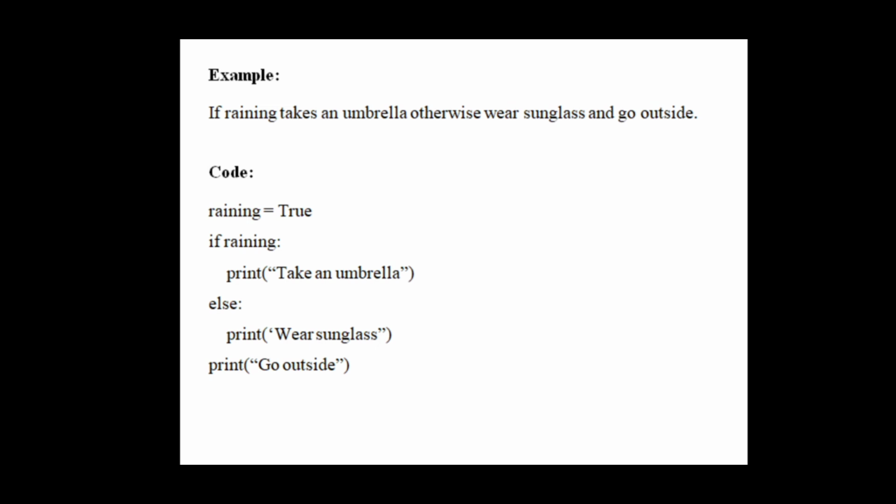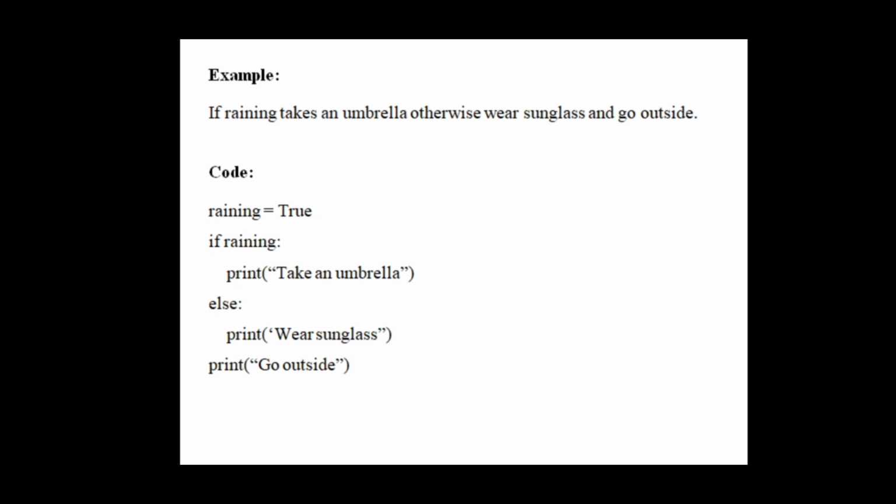We write this in coded form. raining = True. If raining, print take an umbrella, else print wear sunglasses. Print go outside. Now in this case, raining is equal to true, that means take an umbrella, go outside.